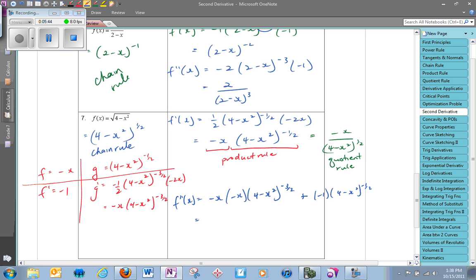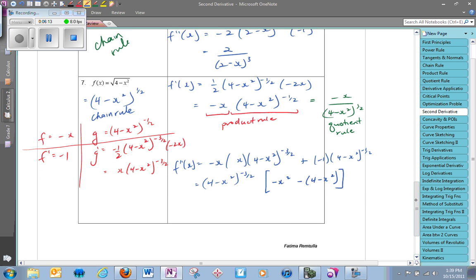My common factor here is 4 minus x squared to the minus 3 over 2. When I do that, I'm left with minus x squared and minus 4 minus x squared in the bracket here.